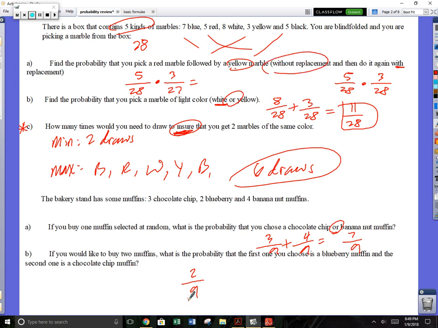You're going to reach in the bag, grab a muffin, 2 out of 9. The next one's going to be chocolate chip. I have 3 chocolate chips left out of only 8 muffins. So I kept that first one. So it is going to be 6 chances out of 72 total chances of winning. So that's not very good.